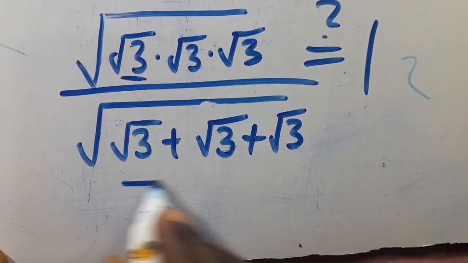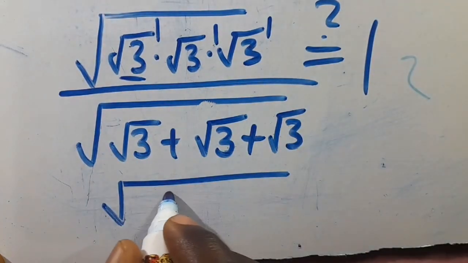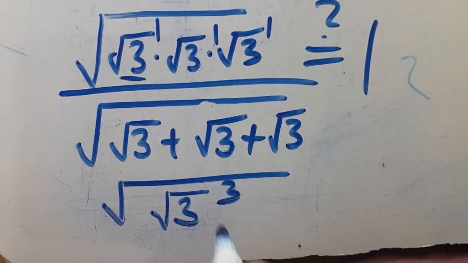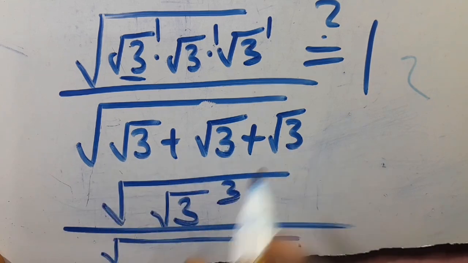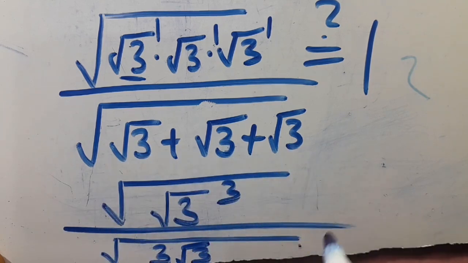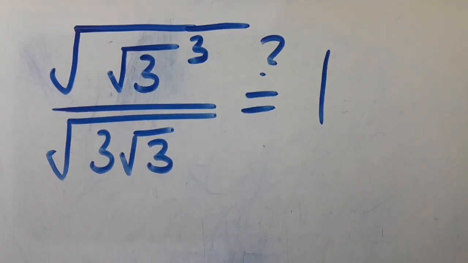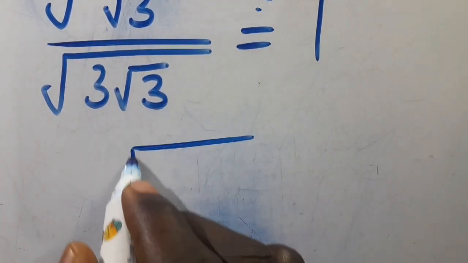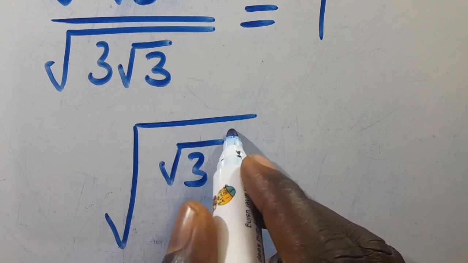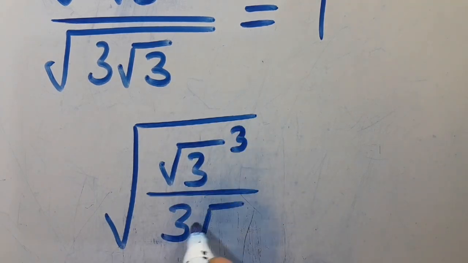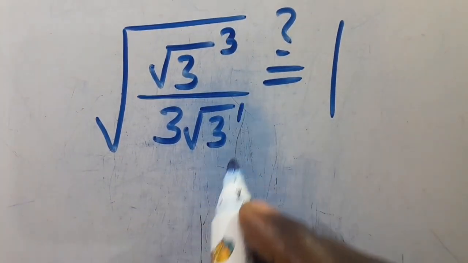So from here we have root of root 3 to the power of 3 divided by 3 root 3, and it should give us 1. The root 3 in the denominator has power 1.